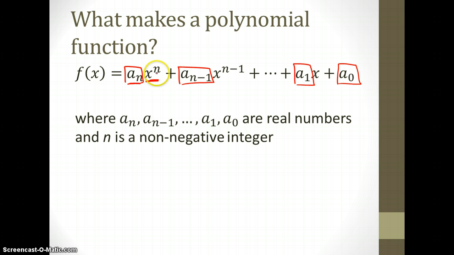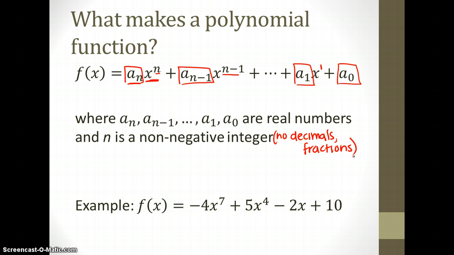And then we have x to the n power, x to the n minus 1 power, all the way down, counting down to x to the first power. It doesn't specify what the number has to be, just that it has to be a non-negative integer. So it has to be a positive number, no decimals or fractions.